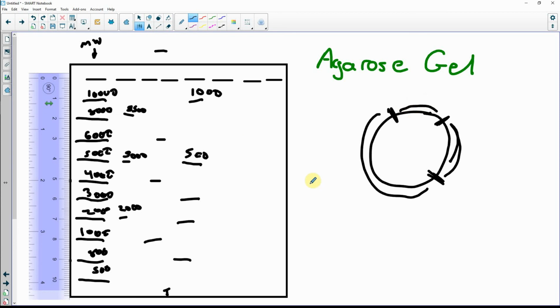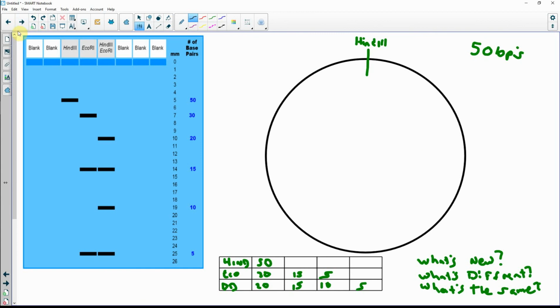You can predict where they're going to land on a gel, or you can use a gel and infer how big those pieces are and how much distance is between the cut sequences. So each of these lines is a place on this circular piece of DNA that got cut by the restriction enzyme. And that is what we call restriction mapping.